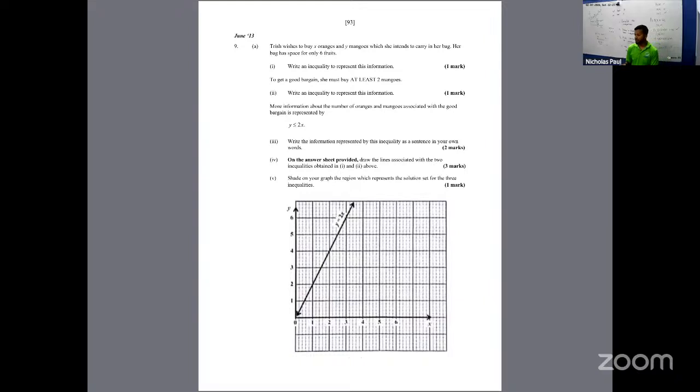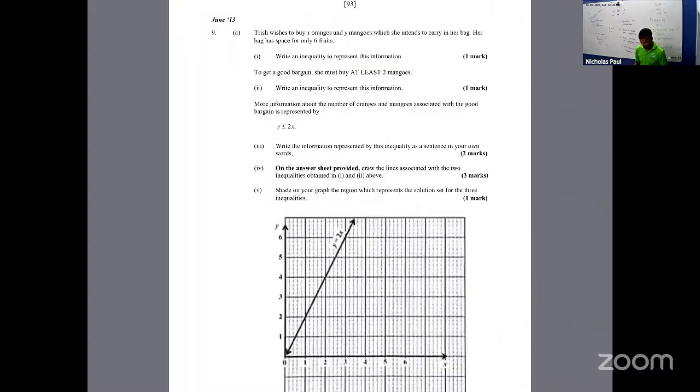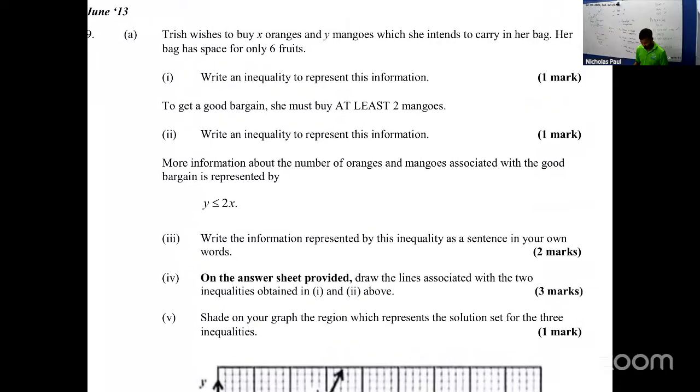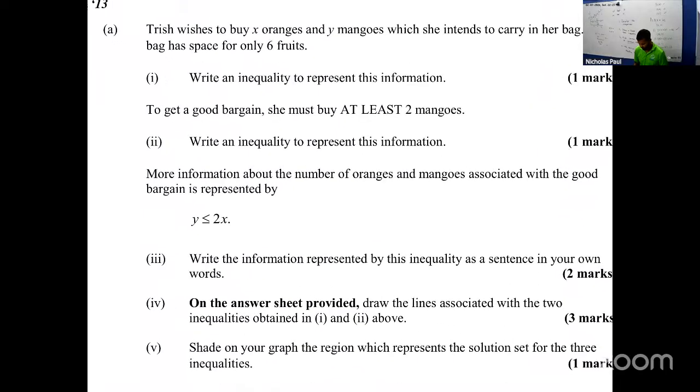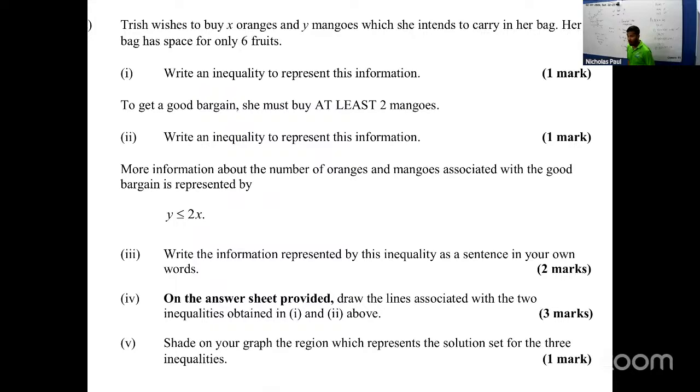Page 93. Page 93, and use their scale. If you want to use a bigger scale, it's okay. Their scale is kind of small. Go ahead, page 93.